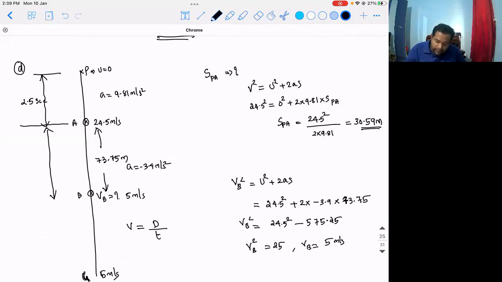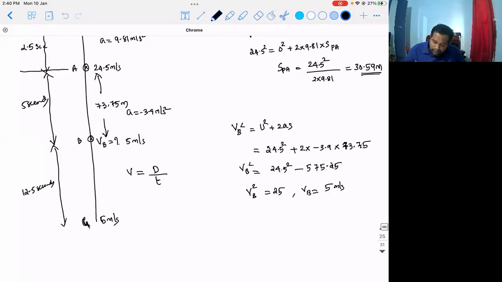From A to B, he takes 5 seconds. And B to G, altogether 20 seconds. So 20 minus 5 minus 2.5 has to be 12.5 seconds. Therefore, this time we already got. So V is 5, and 5 is equal to distance divided by 12.5. So distance is 12.5 multiplied by 5, and you will get 62.5 meters.